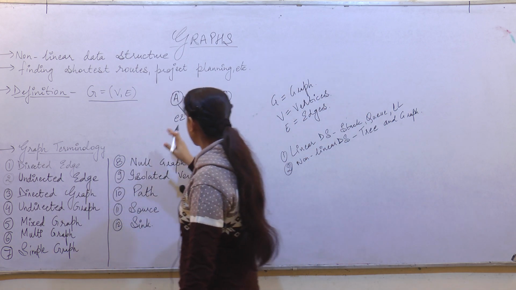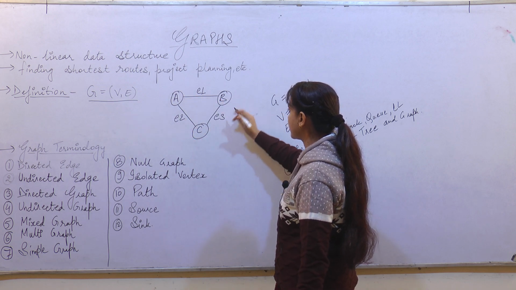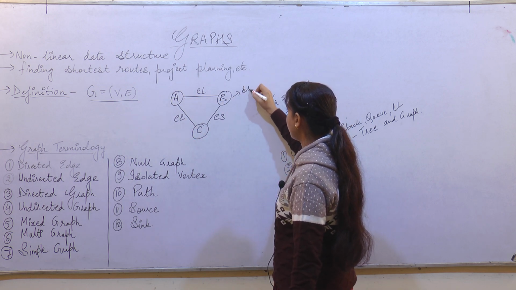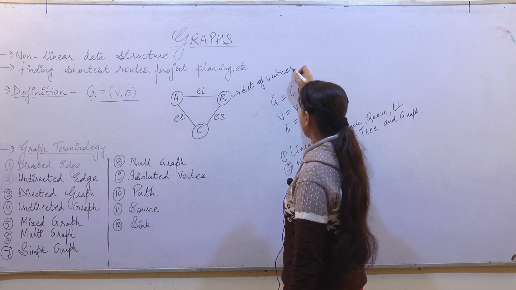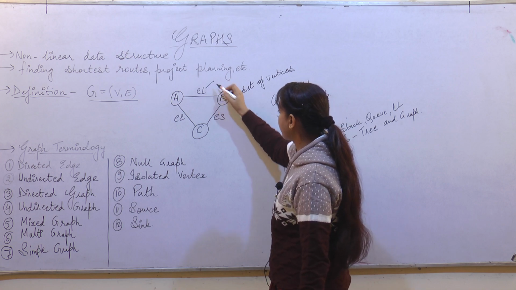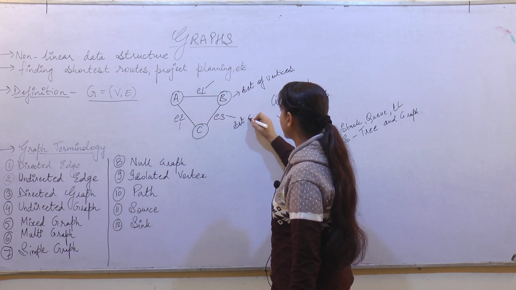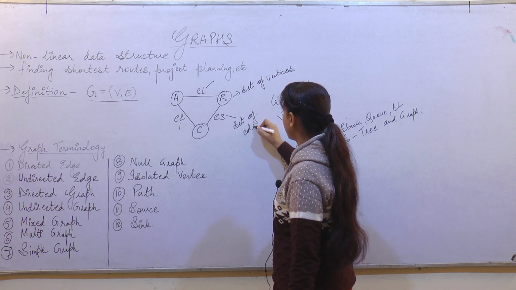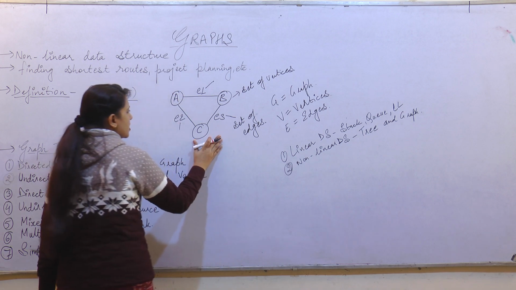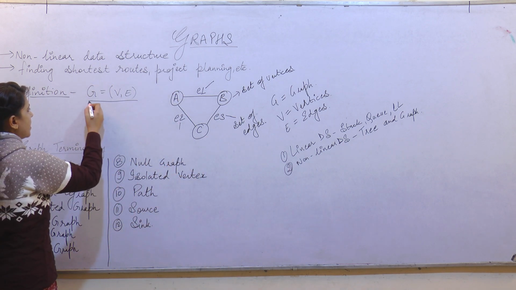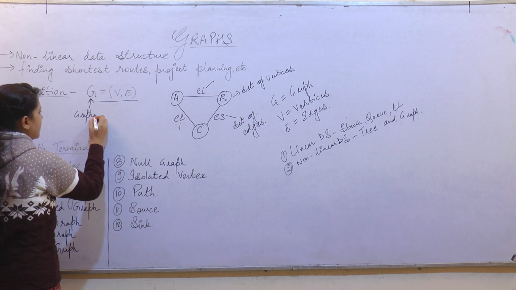Vertices are these A, B and C. These are the set of vertices, and these E1, E3, E2, these are the set of edges.